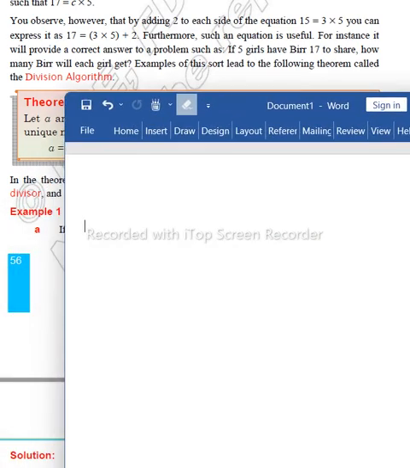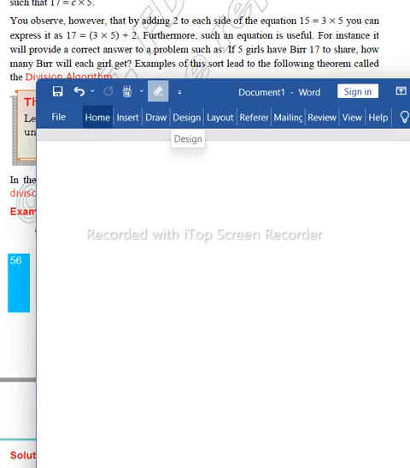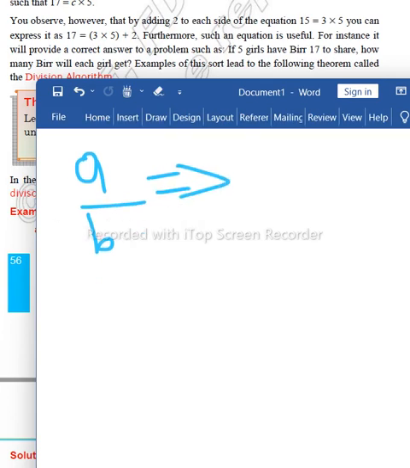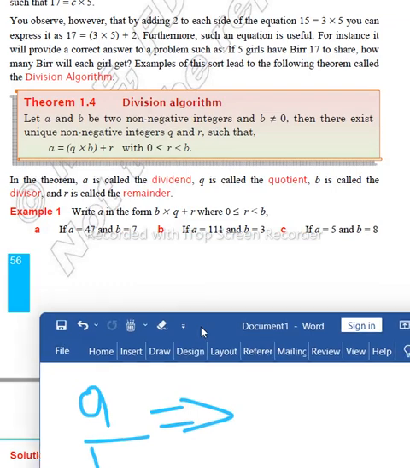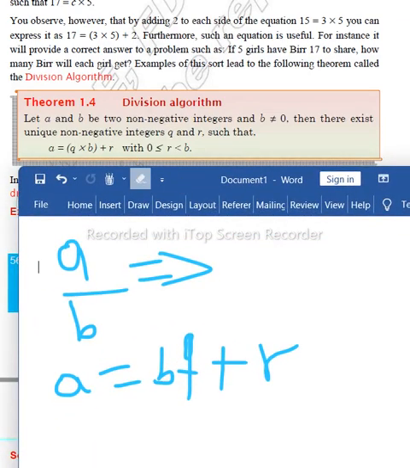So we can write A over B, which implies A is equal to B times Q plus R, where R is the remainder when we divide A by B. This theorem is called the division theorem.